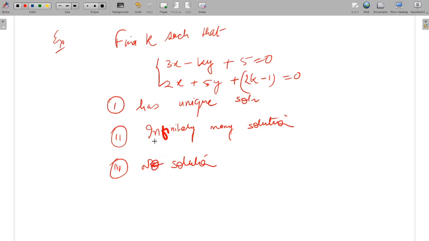And what is the geometrical interpretation of these three solutions that I have told you? If any pair of equations has a unique solution, that means the lines are intersecting. If it has infinitely many solutions, then the lines are identical, overlapping lines. And if there is no solution, then the lines are parallel.